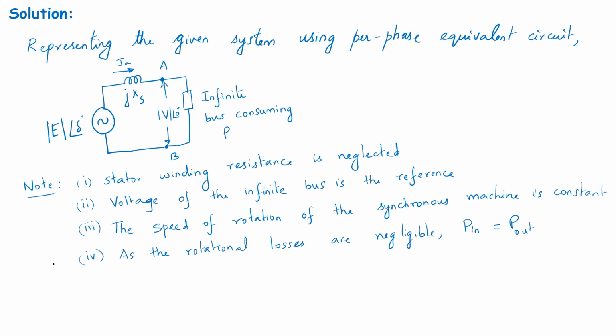Because there is no stator winding resistance and there is no rotational loss, the efficiency of this machine is 100%. So these are some important understandings based on the information given in the problem statement.